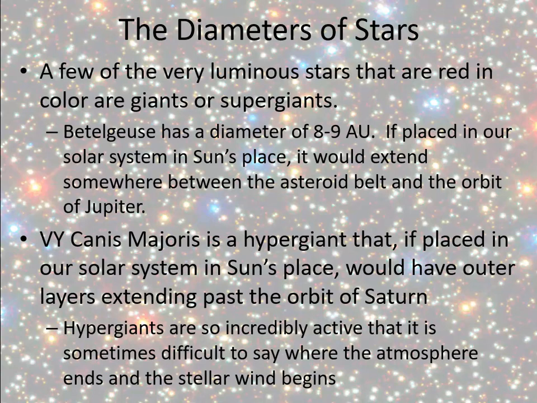But one of the problems with these really, really big red supergiant stars is that it's not always very well defined exactly where the outer extent of the star ends and where the interstellar medium begins. So that's especially difficult with VY Canis Majoris, for example.